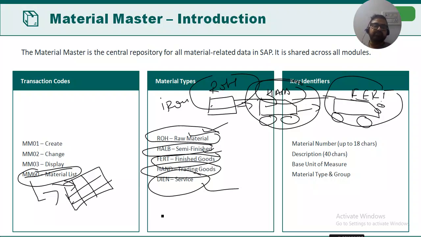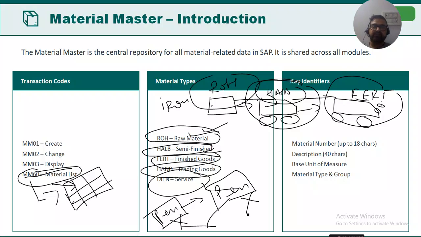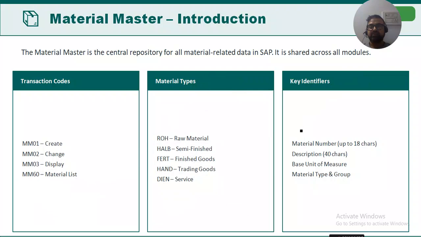Trading product is simple: I just purchase one pen and sell it to a different party as is, without doing any job or operation, right? So it is called a trading material. We purchase X and sell X, right? These are the key identifications in the material master.